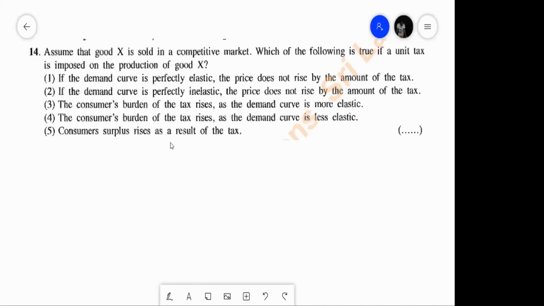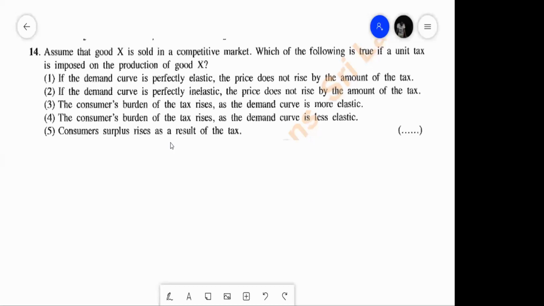Okay, going with the simple things. Other things, guys, you all can draw and try to figure out. But the basic thing that I told you all, even when I explained this, higher the inelasticity, higher the tax burden. Remember that part I told you all? Whoever is more inelastic, if the consumer is more inelastic, consumer tax burden is high. If the producer is more inelastic, producer's tax burden is high.